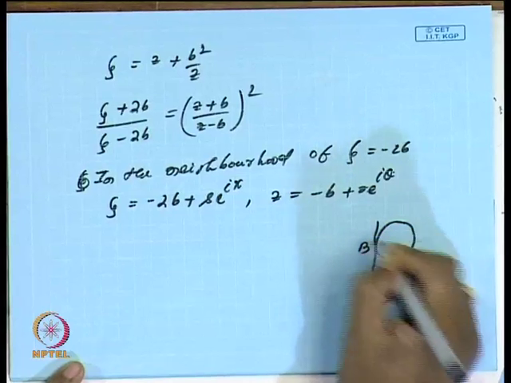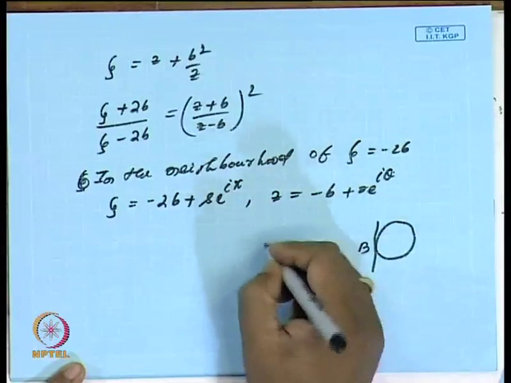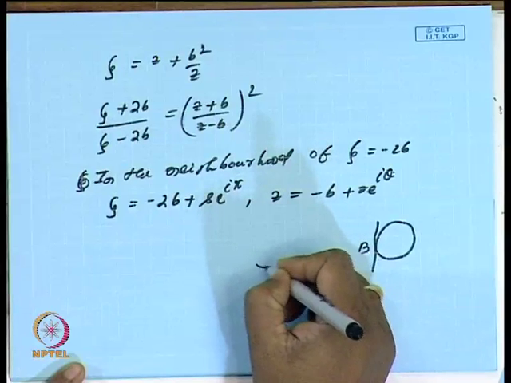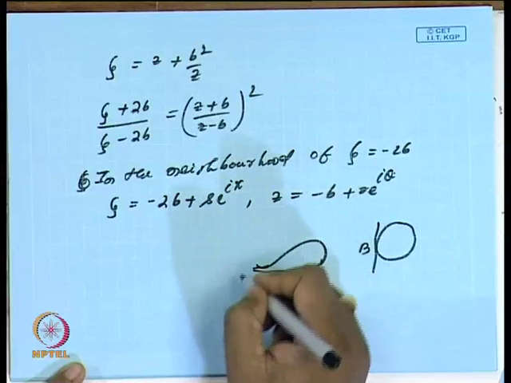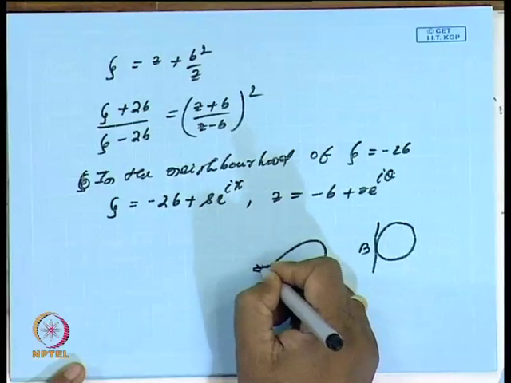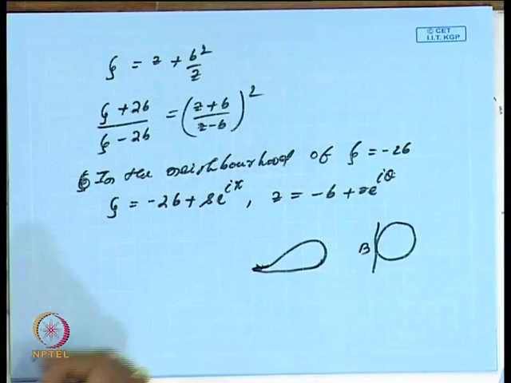This is a point B, and then I consider the aerofoil, and I consider this is the trailing edge corresponding point here.